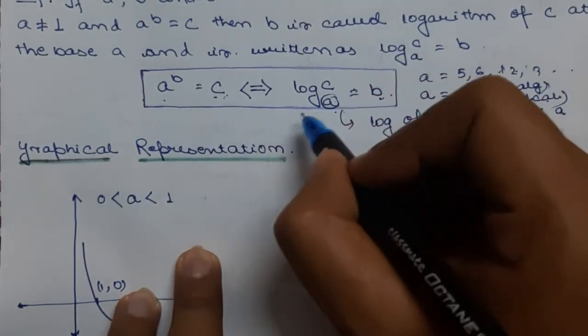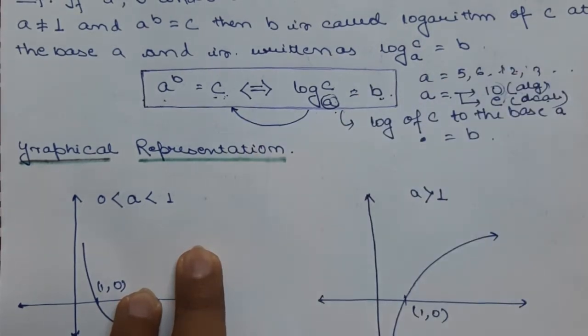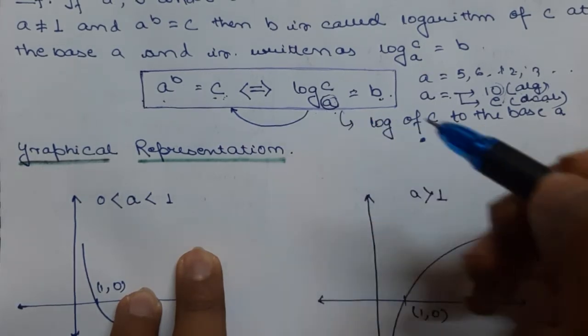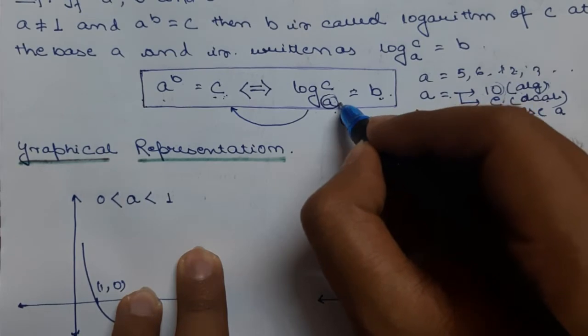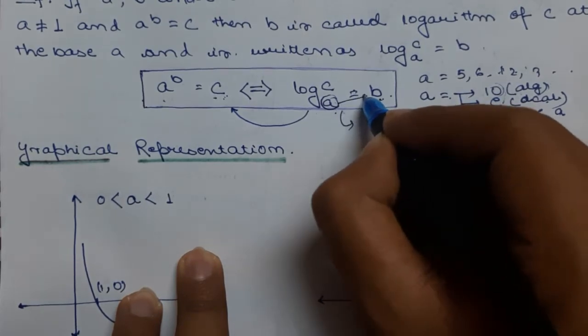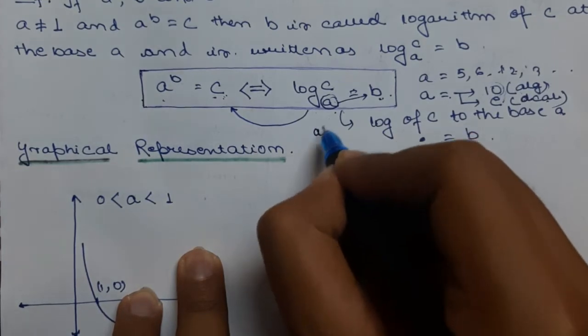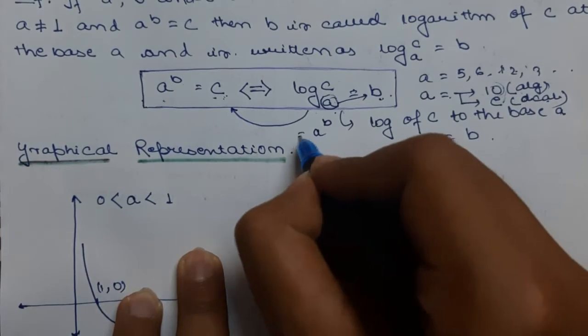Sometimes it becomes difficult for me to attain this, so I have remembered it like this. If we push a this side, then b comes above it, right? Means if we push a this side, it becomes a to the power b, and here is left c, right?